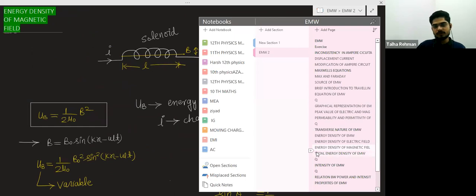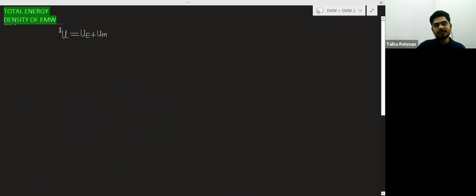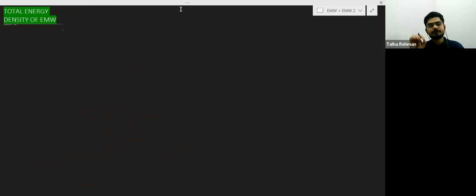Okay. So now we will calculate the total energy density of electromagnetic wave. In electromagnetic wave, there is one electric field and there is another magnetic field. There is electric field as well as magnetic field. So for the total energy density of electromagnetic wave, what we have to do?